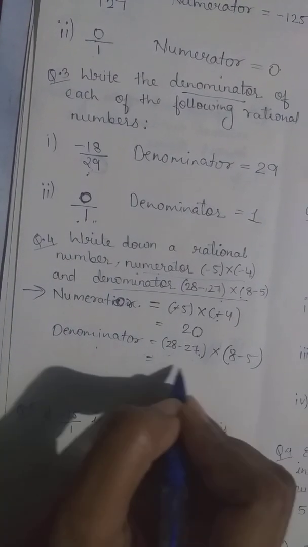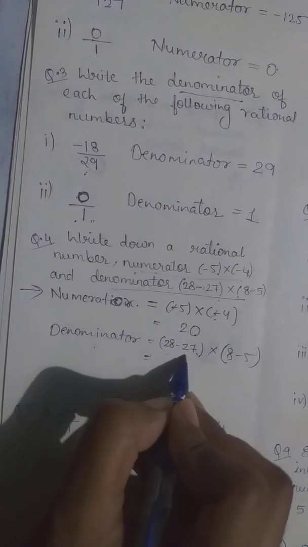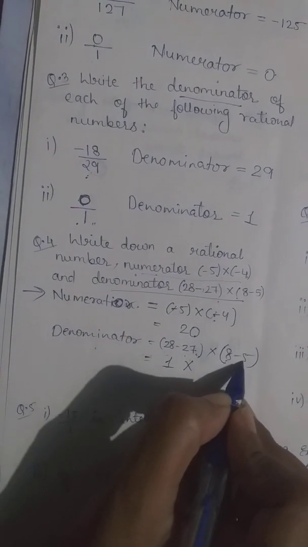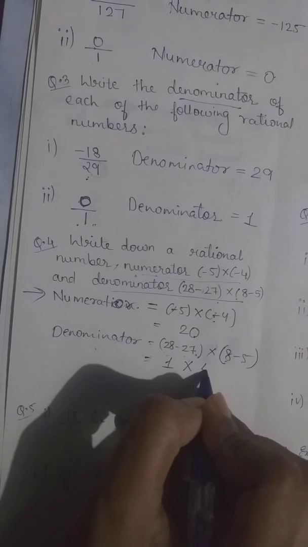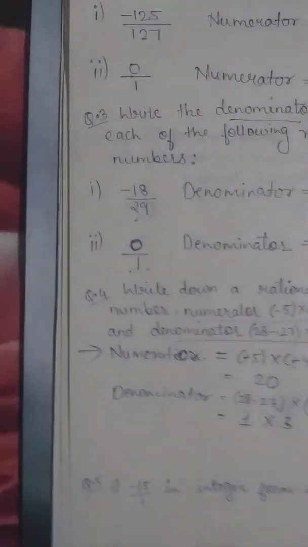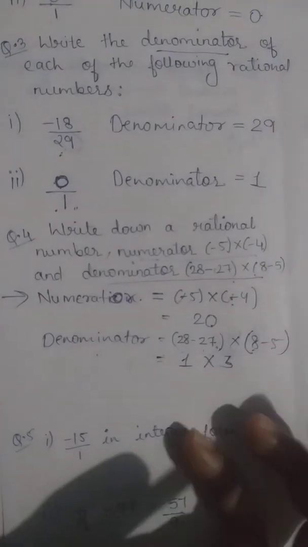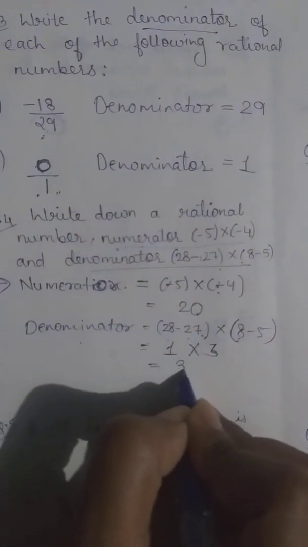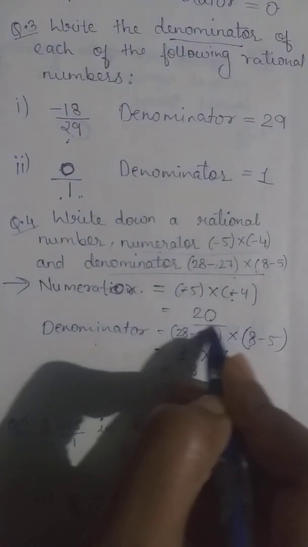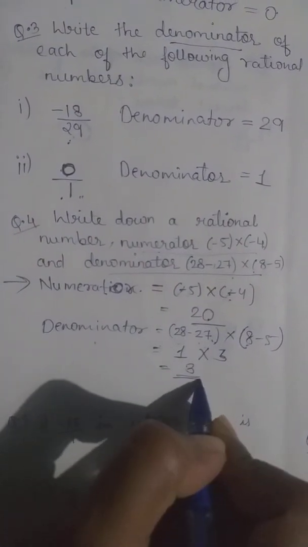So I will solve the brackets one by one. 28 minus 27 is equal to 1, multiplied by 8 minus 5 is equal to, tell me, 3. Clear? So 8 minus 5 is equal to 3. So 1 three is 3. So I got numerator as 20 and denominator as 3.